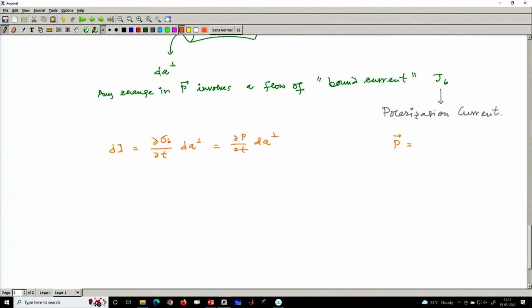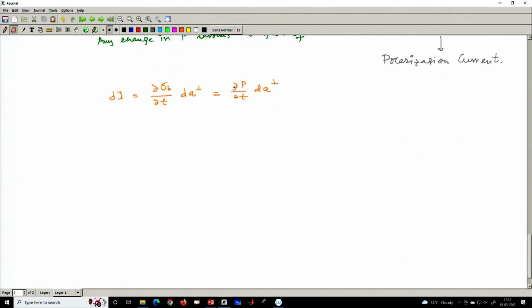That is the relation we had. Okay, I do not need to write it several times. So, that expression we use here. Let me write it: P dot n is our sigma B, that we know.